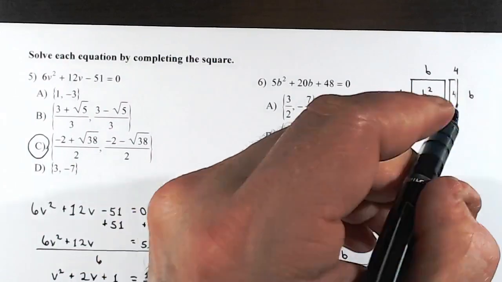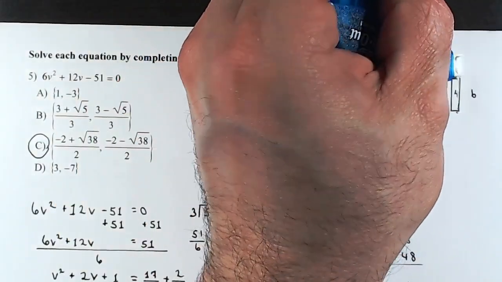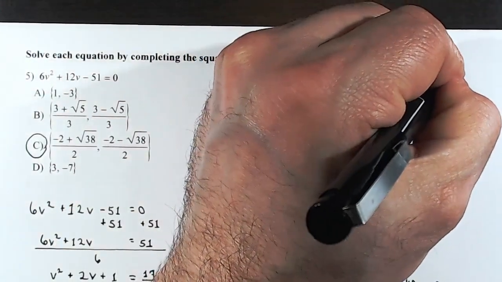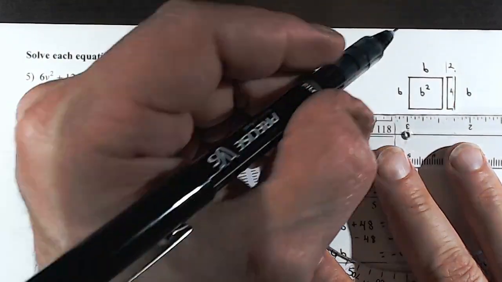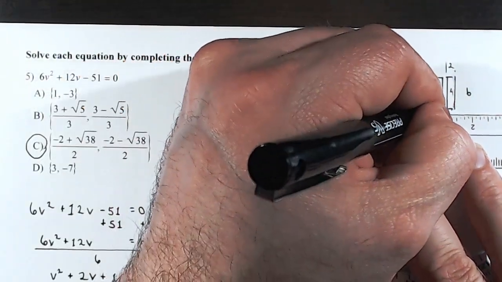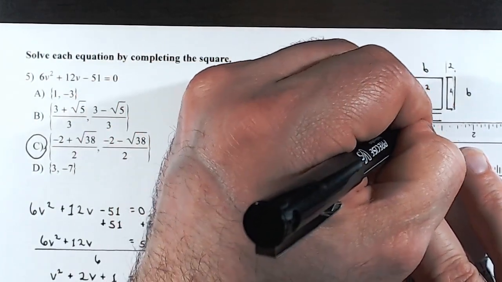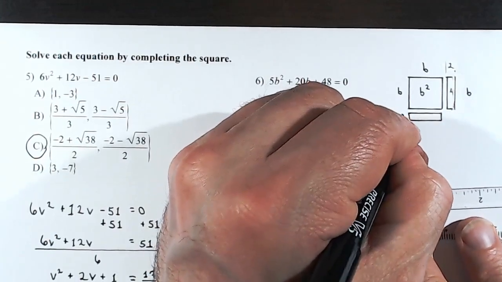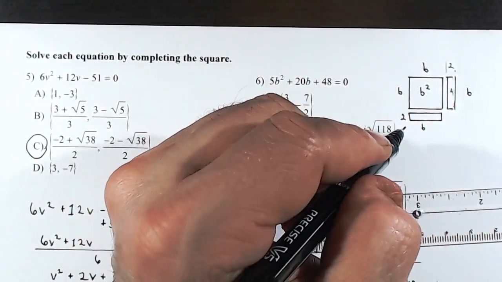So now this isn't 4b anymore. This is half the middle coefficient. This is now 2b. And down here, we're going to draw a congruent rectangle to that little rectangle right there. It has a width of 2 and a length of b, so its area is 2b.